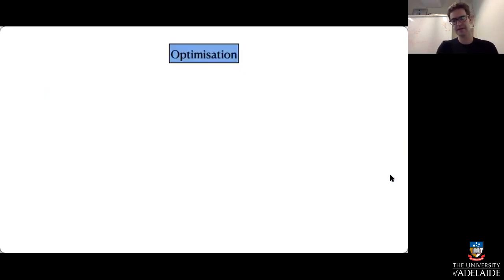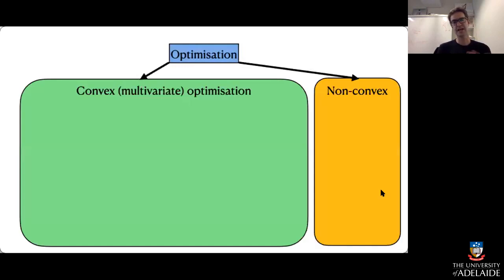I prepared another little diagram showing where we've come from and summarizing the different chunks of the course. So when we think about optimization, the first thing that I think about is splitting it into convex versus non-convex optimization. Maybe the first thing I'll say about this is that the size of these boxes is just designed so that I can fit text on them.